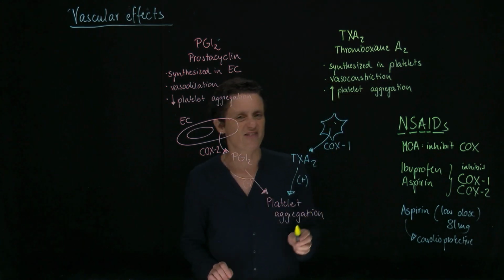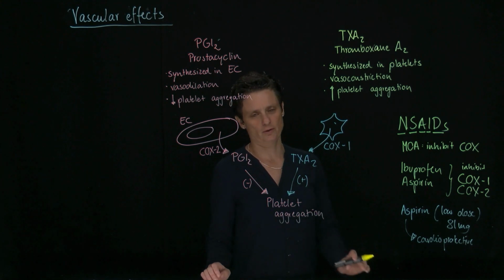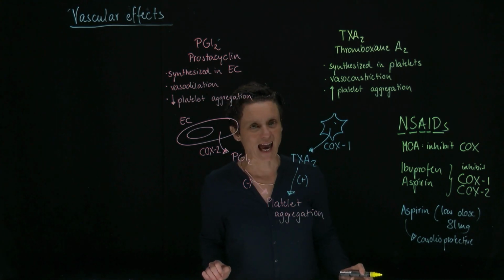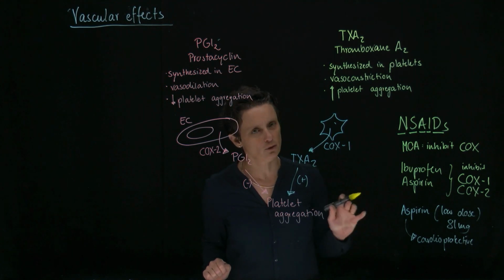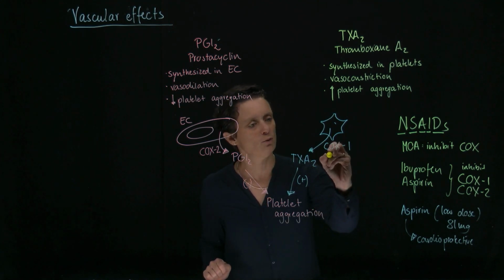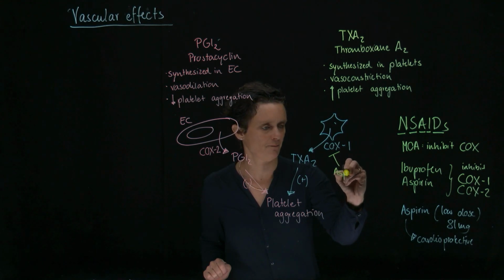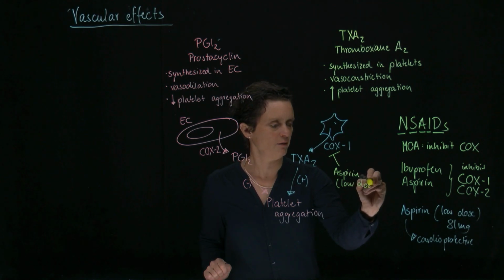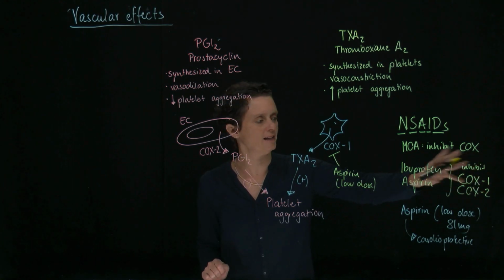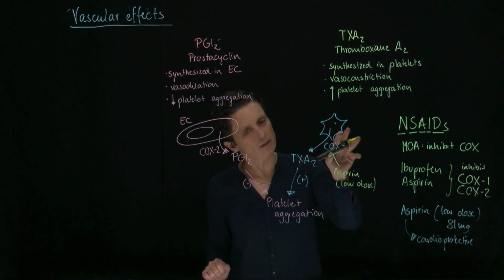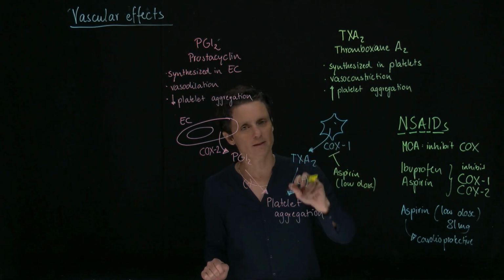Well, let's think about aspirin in low dose. It turns out that aspirin in low dose is fairly COX-1 specific. So if you use a very low dose, you're mainly going to inhibit COX-1. So here comes aspirin, again in low dose. Only if you use it in low dose. But if you go higher, it inhibits everything. Okay, so if you use it in low dose, it inhibits mainly COX-1.